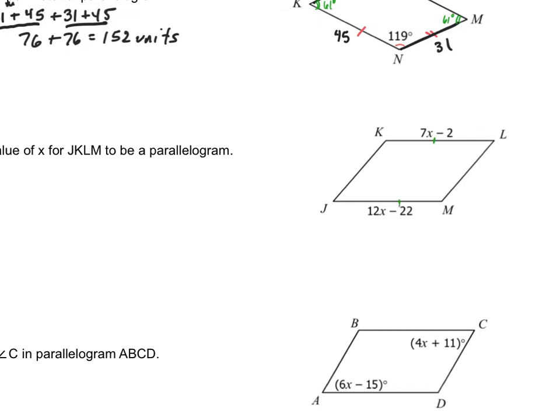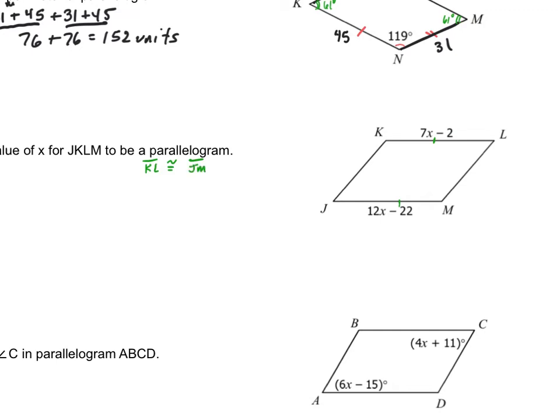Those two sides are opposite sides, and we know that opposite sides in a parallelogram are going to be congruent, which means their measurements are equal. So we could say that if KL is congruent to segment JM, we would have a parallelogram.